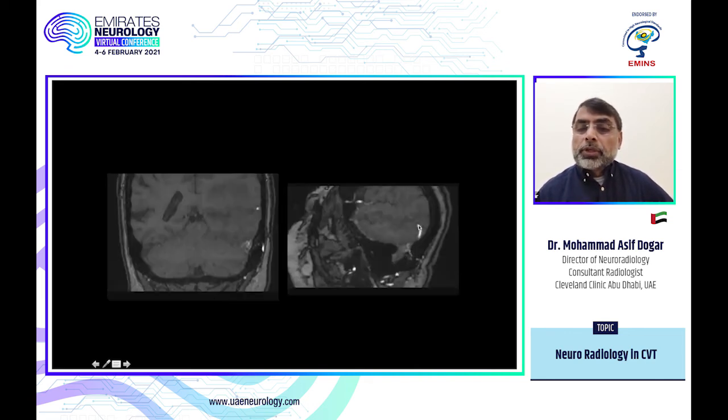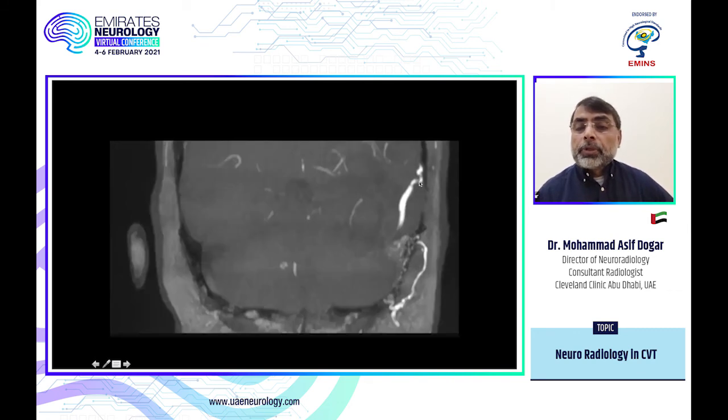So on the MIP images, you can see this artery going to the transverse sinus. Even the transverse sinus has some hyperintensity, which should not be there on MRA. On the MIP MRA image, this is not an MRV, it is an MRA image. You can see these arteries or some veins coming here, and then there is some mixed signal intensity in the transverse sinus.